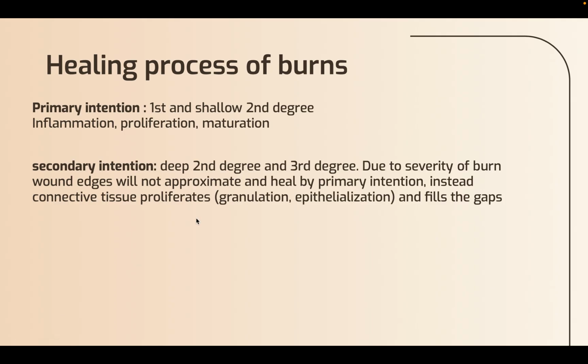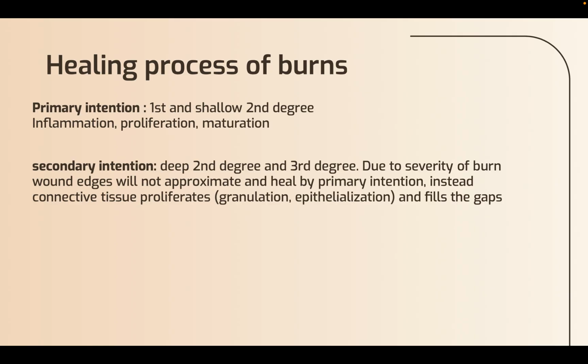However, for the deep second degree and the third degree burns, it's more of a secondary intention. So due to the severity of the wound and the burn, the edges are not going to come together. It's not going to approximate real nice like a surgical incision would or something like that.